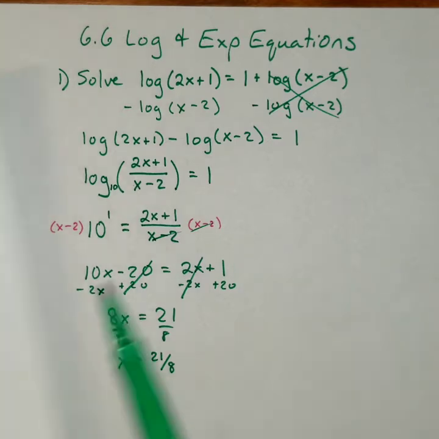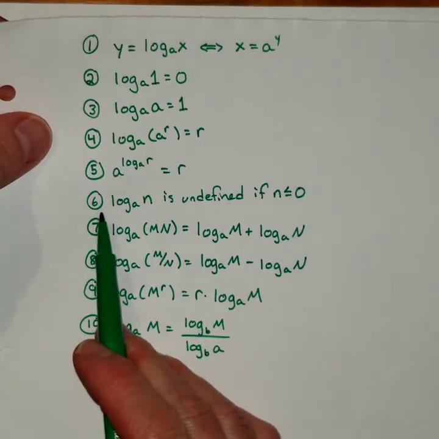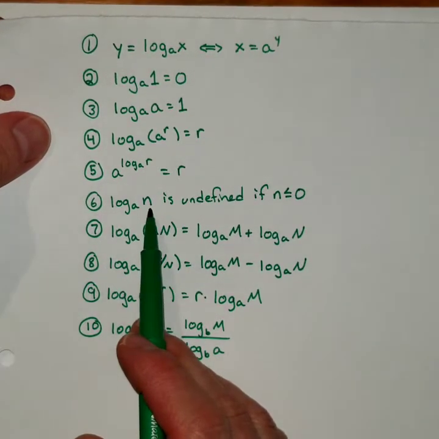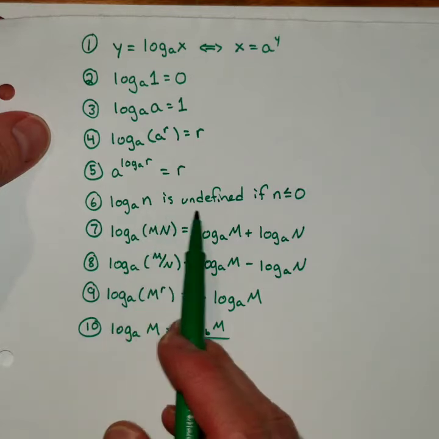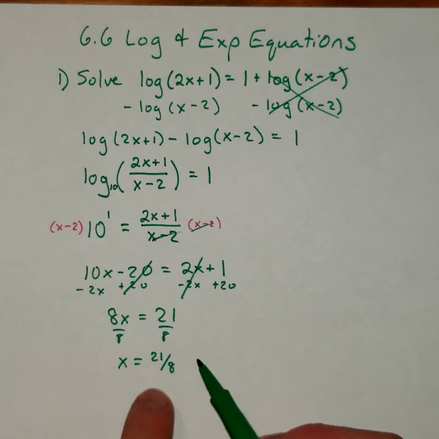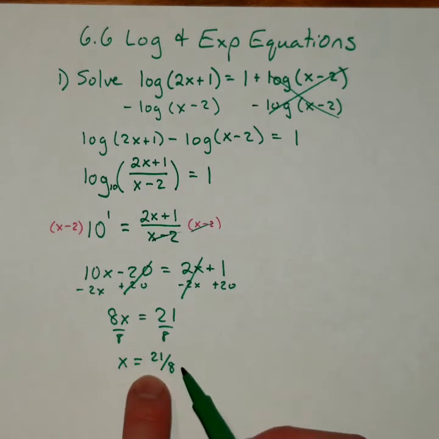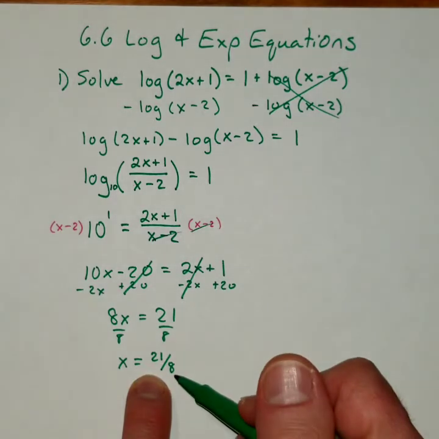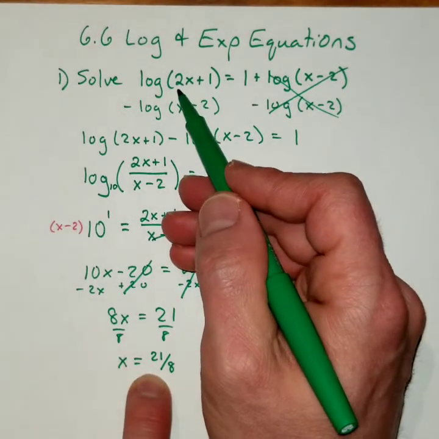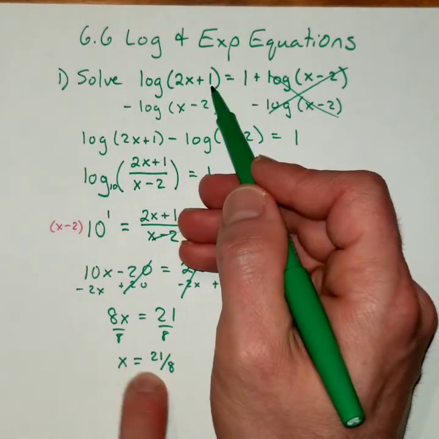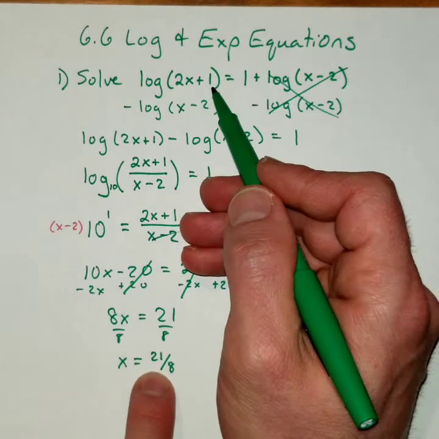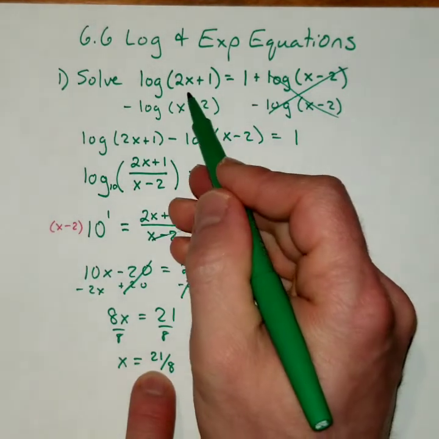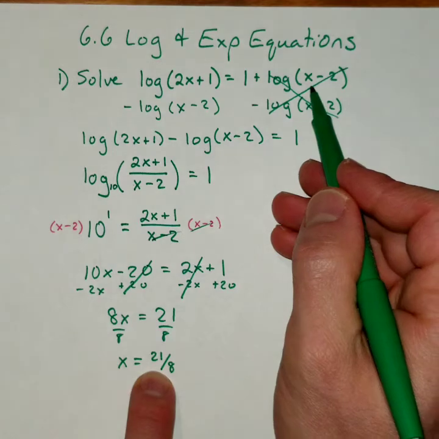Now, what's interesting with logarithms is because of property number 6, we have to make sure that our logarithms are always defined, not undefined. And so this final answer needs to make the argument positive. If you ever plug in an answer and get a negative argument, you can't use that answer. Now here, 21/8 will make this positive, and it will make this positive.